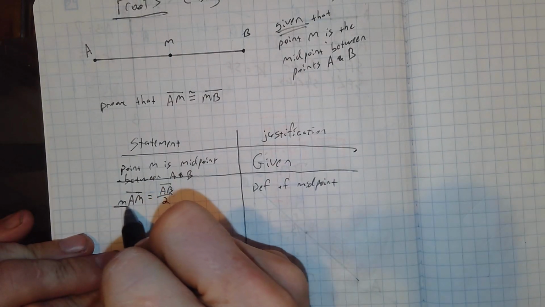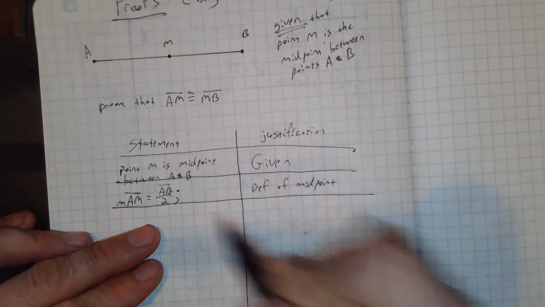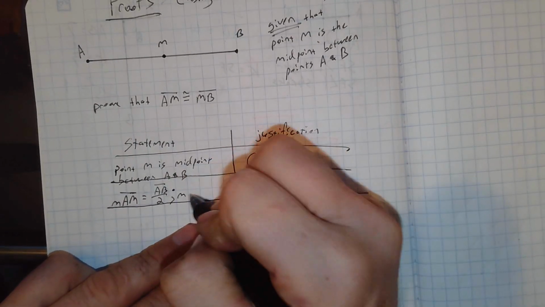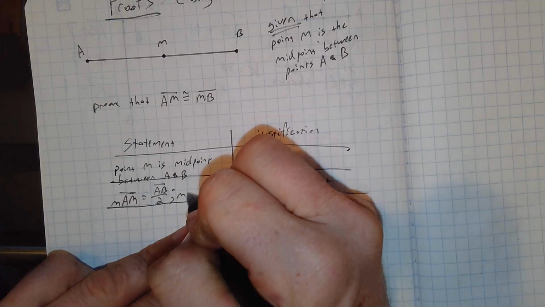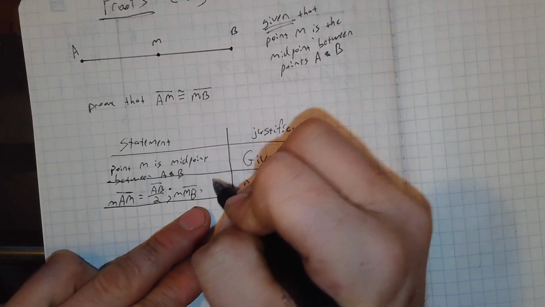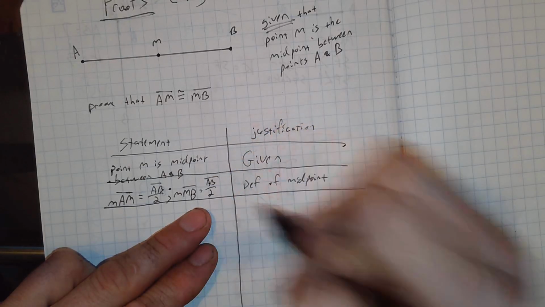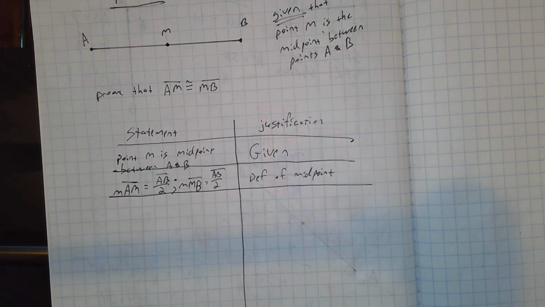Okay, I can also say in that same line that the measure of MB also equals AB divided by 2 because of the definition of a midpoint.